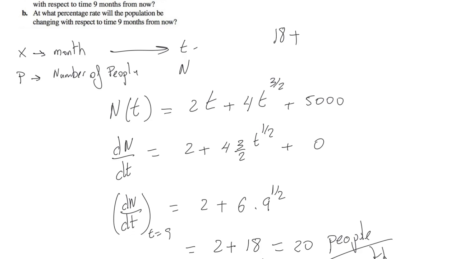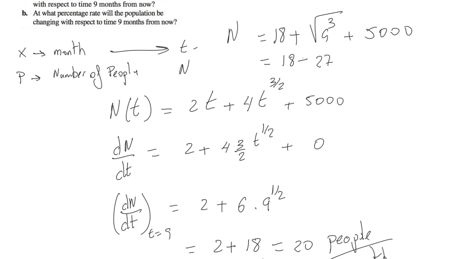plus 9 to the 3/2, the square root cubed, plus 5,000. At T equal 9, the number of people is this amount. What is this amount? This is 5,018, and the square root of 81, 9 by 9 by 9 is 700 and something, and the square root is 27.